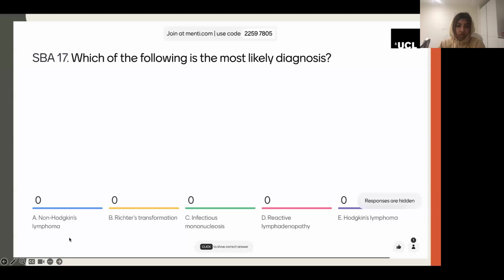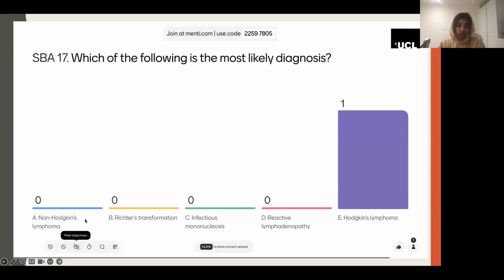Okay, let's see what people put down. Okay, someone said Hodgkin's lymphoma. Interesting.